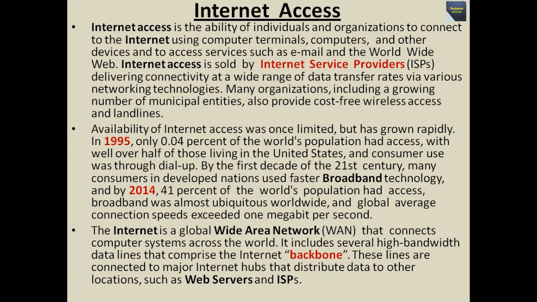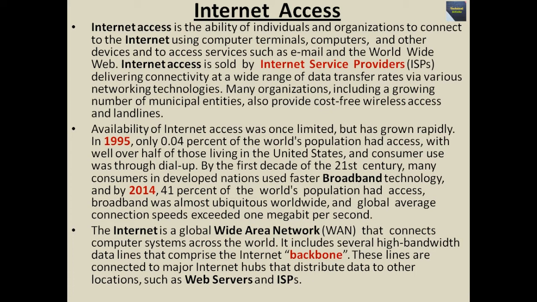Availability of internet access was once limited but has grown rapidly. In 1995, only 0.04% of the world's population had access, with well over half of those living in the United States. And consumer use was through dial-up, right?